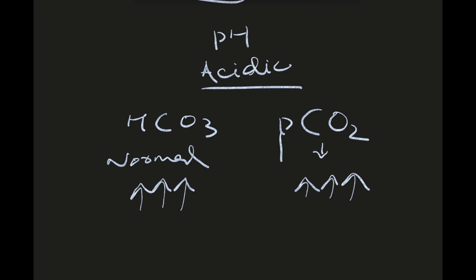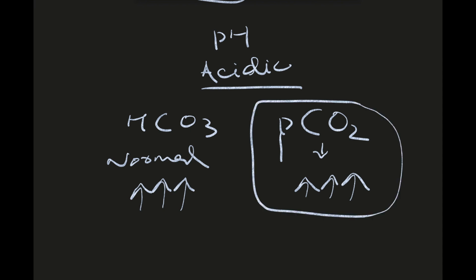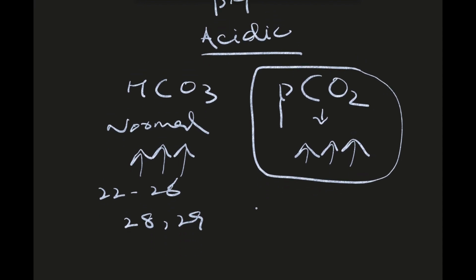So, the pH is acidic. You find a lot of PCO2 in the blood, and the bicarbonate is still in normal limit, that is 22 to 26, or it has started rising up towards like 28 or 29. That is your respiratory acidosis.